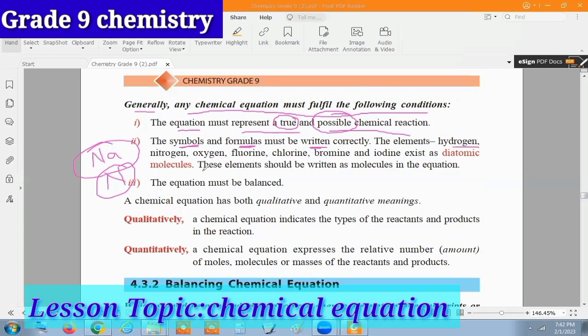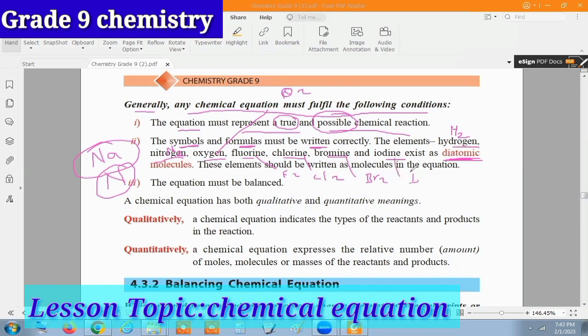The elements hydrogen, nitrogen, oxygen, fluorine, chlorine, bromine, and iodine always exist as diatomic molecules. When we find these elements, we cannot use only the symbol H for hydrogen. We have to use H2. If we find nitrogen, we have to use N2. Oxygen, O2. Fluorine, F2. Chlorine, Cl2. Bromine, Br2.